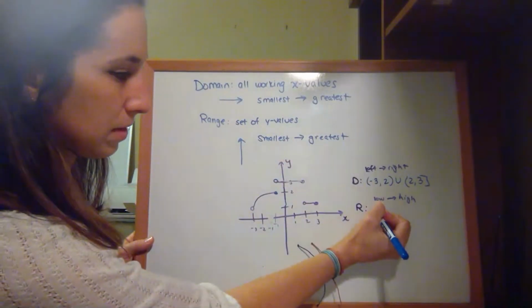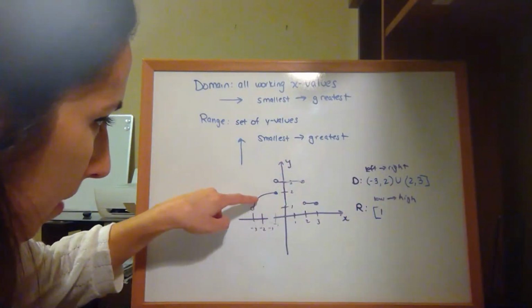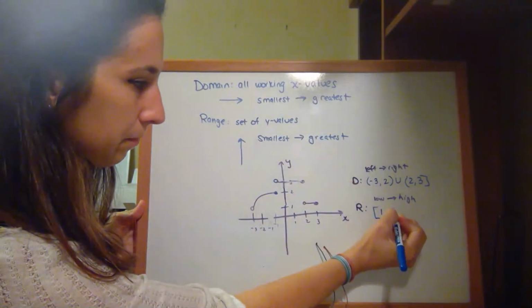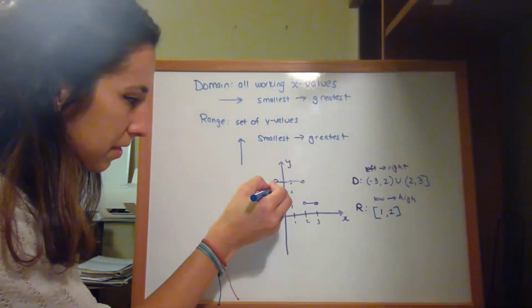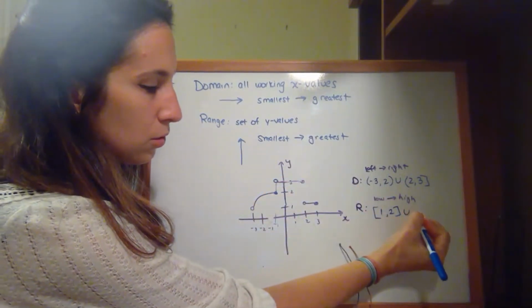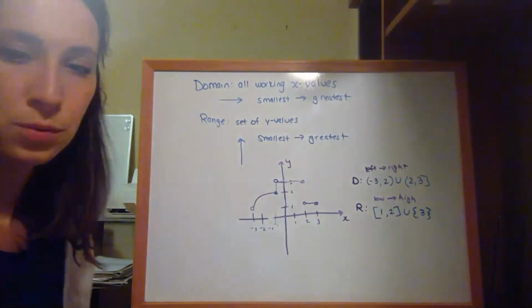And then it goes up, up, up till 2, which is included. And then there's nothing in here, and then just 3. So we would union that with a curly bracket 3 because it's only one number.